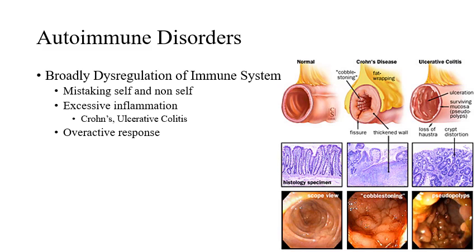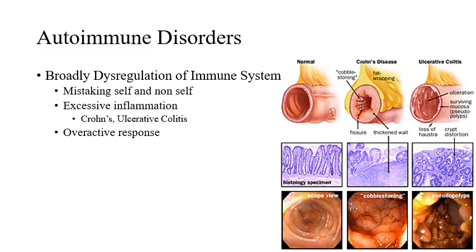And it's basically the human body targeting things in the gastrointestinal tract that usually wouldn't cause problems, but in this situation, the autoimmune response is overreactive and it causes inflammation and swelling, which tends to cause gastrointestinal distress, which is not good.